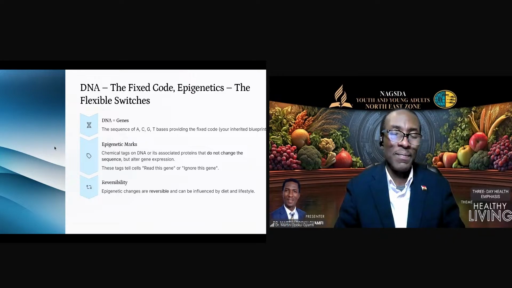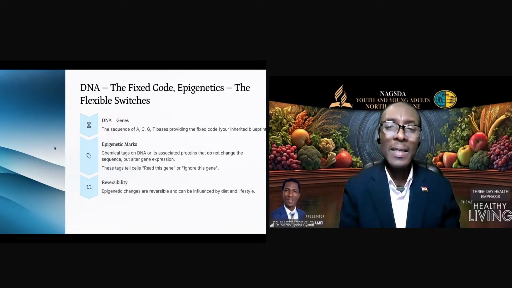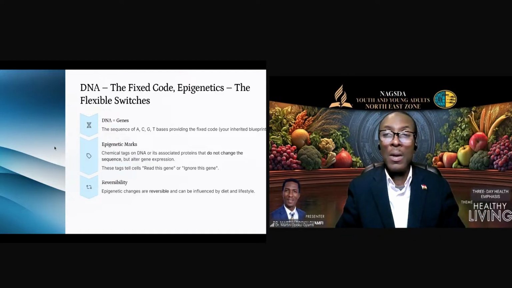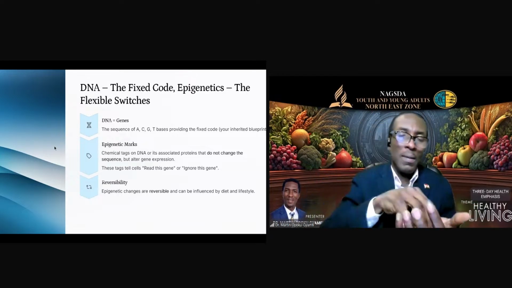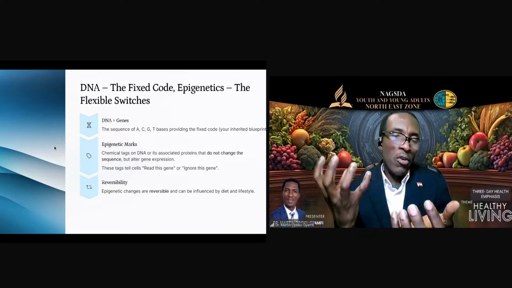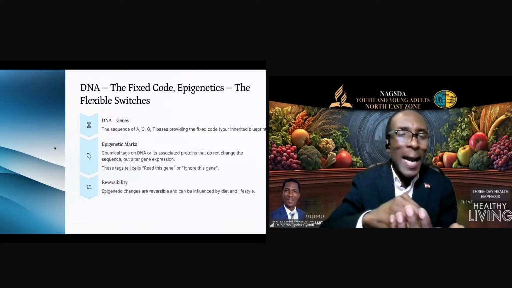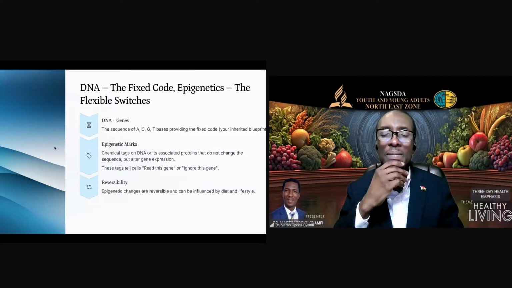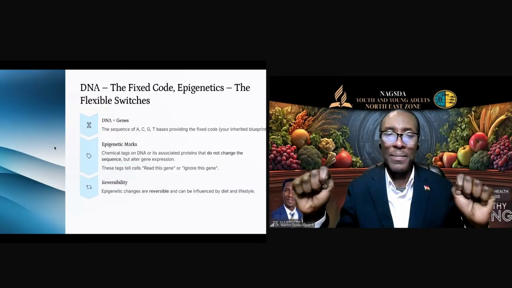Just for the sake of those who are medically inclined, the first one is called DNA methylation, where the body adds a methyl group to the DNA. When it puts the stamp of the methyl on a gene, it silences the gene. So methylation silences the gene.